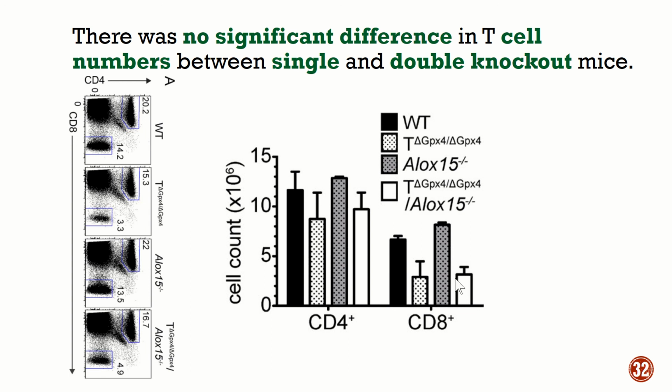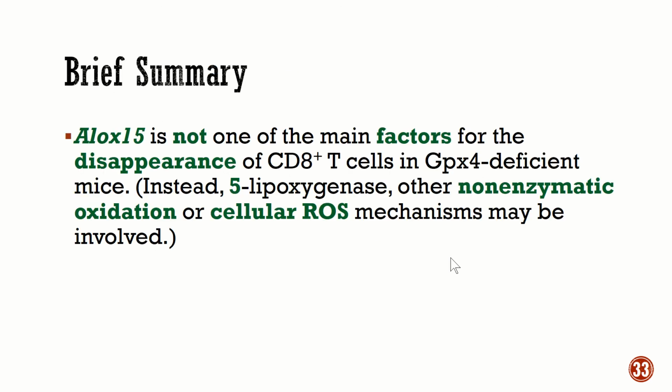So it means that maybe ALOX15 is not involved in the generation of ROS to cause ferroptosis. And maybe some roles will be involved, including 5-lipoxygenase or other non-enzymatic oxidation or cellular ROS mechanisms.